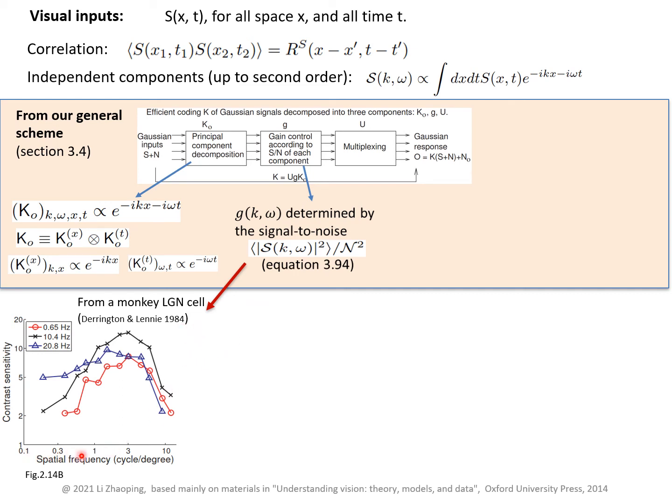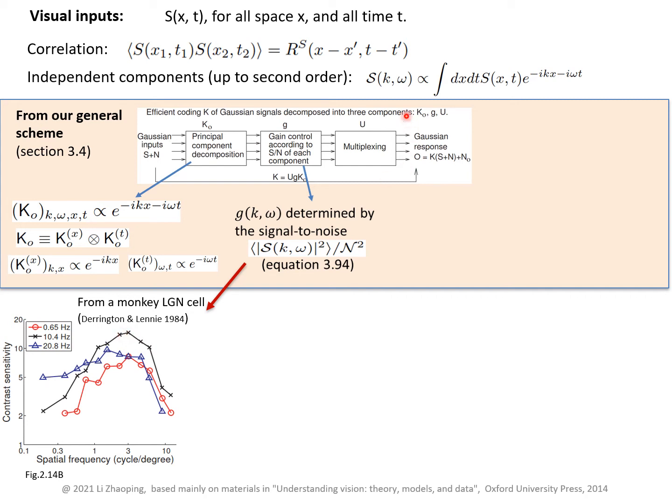Here, this is the spatial frequency, and for each of these curves, the gains are peaked for intermediate spatial frequencies k. This is so for each curve, one for temporal frequency 0.65 Hz in red, another for 10.4 Hz in black, and another for 20.8 Hz in blue. If we compare these three curves, you can see that the gain is highest for the intermediate temporal frequency, 10 Hz.